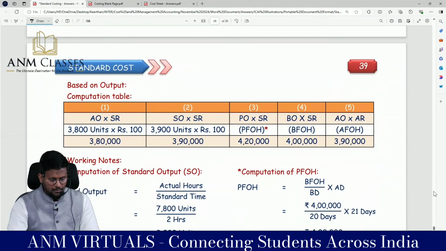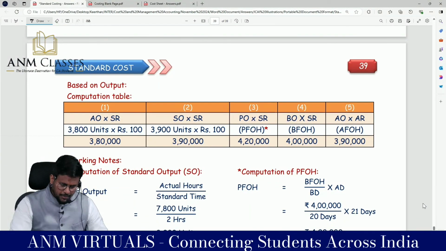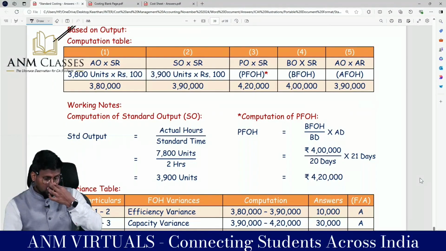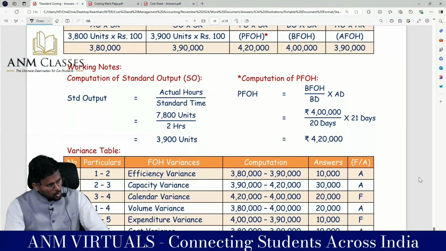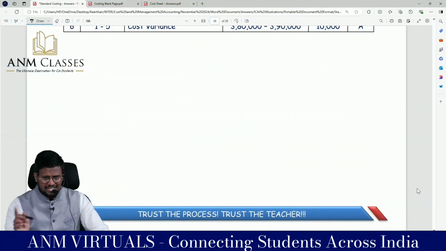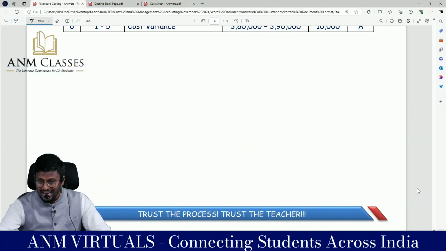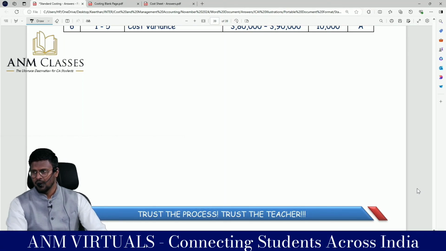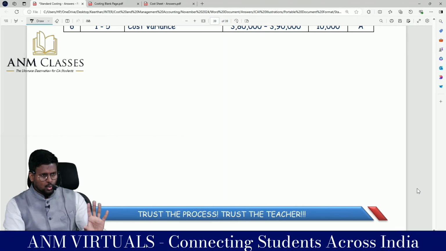Are you comfortable? The same has been expressed based on actual output into standard output, possible output, budget output, and the actual output. Why we have presented both ways is, when you are practicing, practice under both for understanding purposes. But in the examination, don't do both.